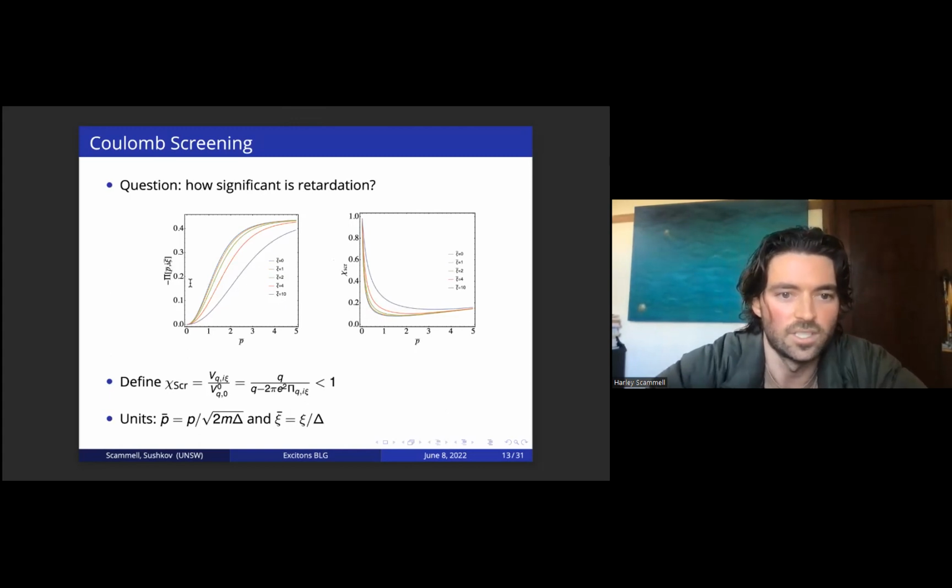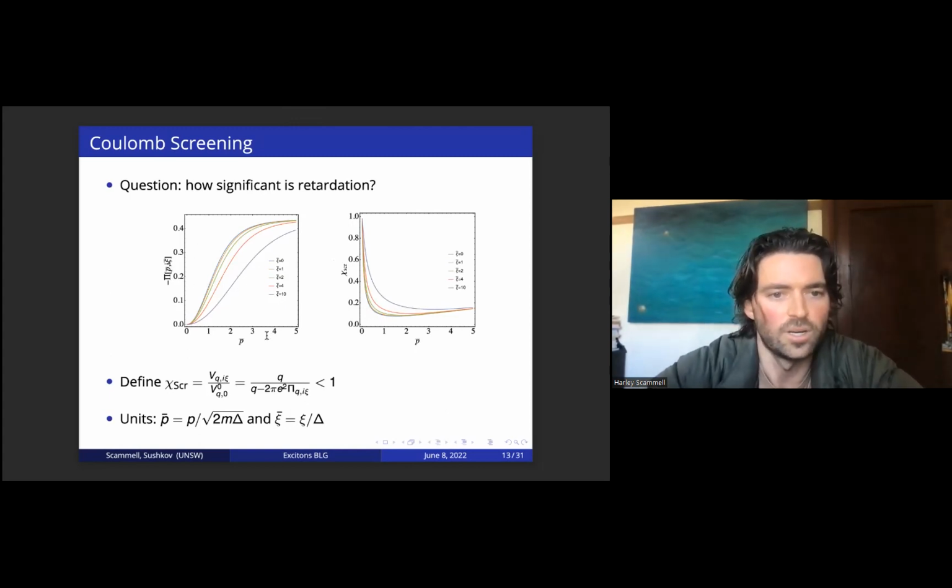This left-hand figure is the polarization operator. Remember, it's bad when it's at its largest. The static limit is the blue line, the largest line in blue. And as I put in different frequencies, I reduce the polarization.